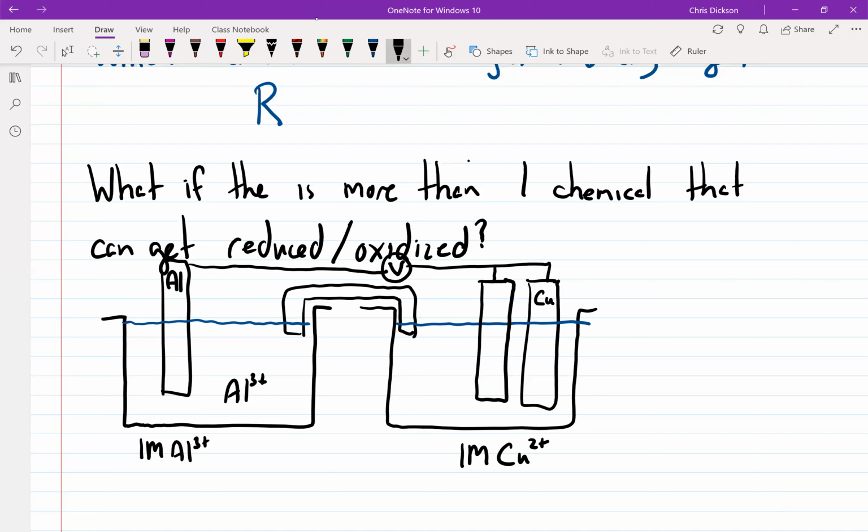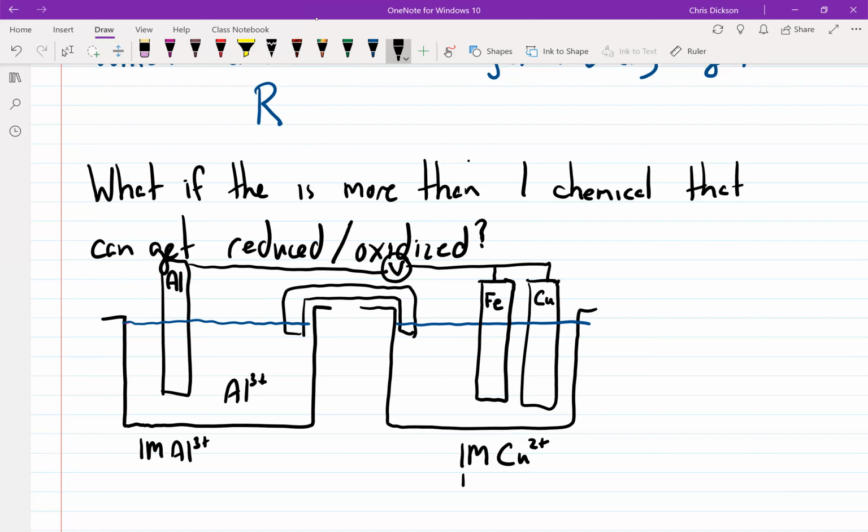Okay, and let's make this electrode out of, again, I'm going to choose a chemical that's going to work nicely for us. Let's make it out of iron, Fe.